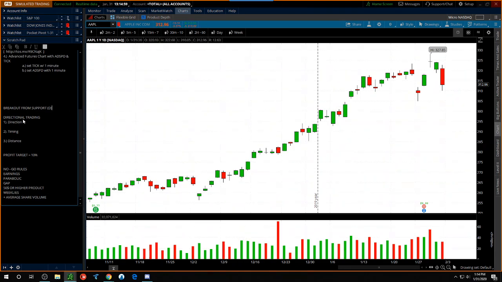That might be something specifically hard to scan for. But we can scan things that broke below its 20, right? Or broke below and came back above the 20, or something like that, right? We could use 20 for the scan. It'd be possible to do, right?